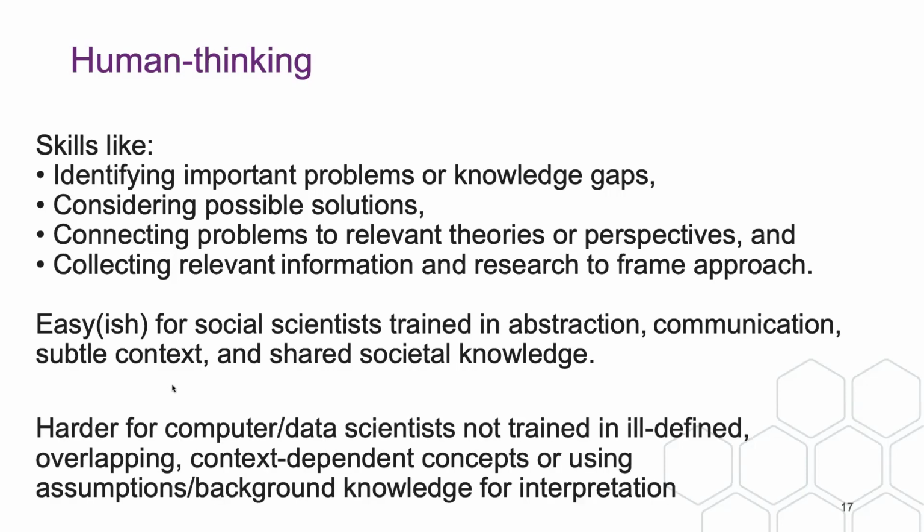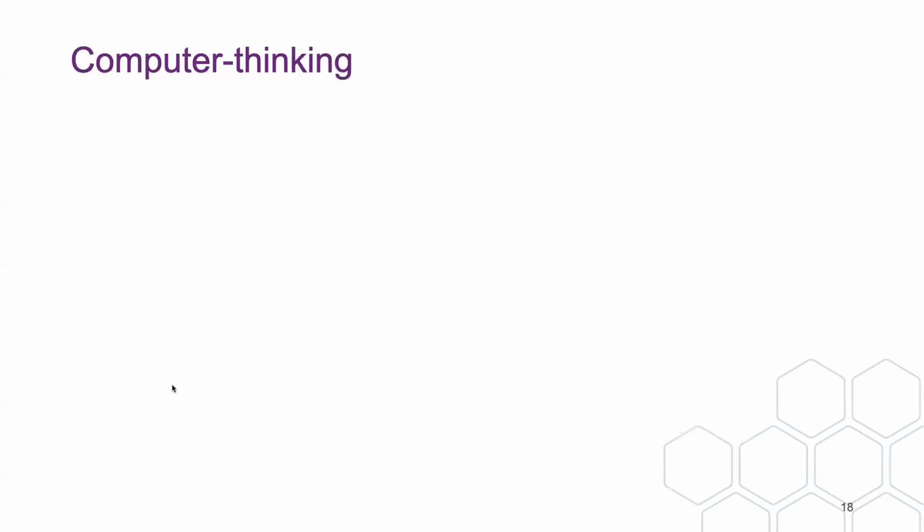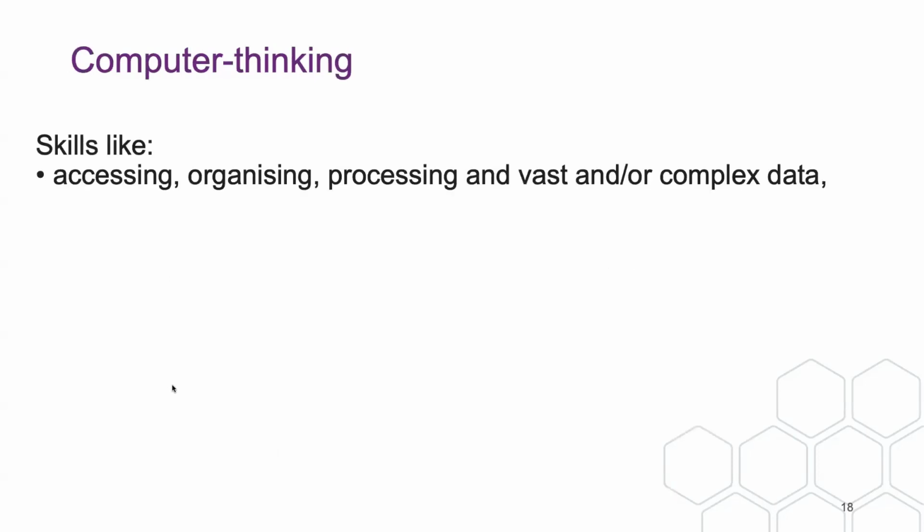Whereas computer scientists might find this a bit more difficult. They might be more used to those concrete definitions and absolutes rather than these sort of gray areas or murky social science concepts. So that human thinking is going to be the first thing that you need. And now we're going to cover why you also need these computer thinking skills. So what do you need?